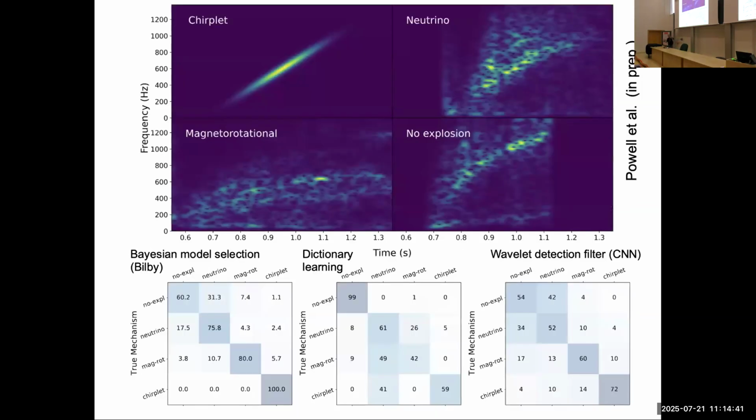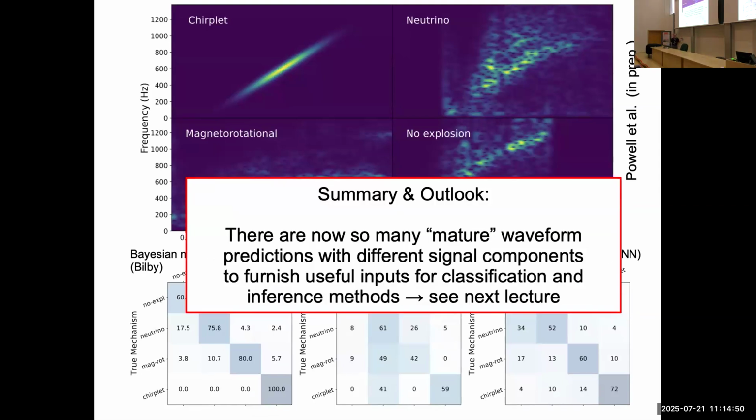With that, I conclude that there are always caveats and things that can go wrong in the gravitational wave signals that we sell you as supernova modelers. But I would just conclude by saying, we're in a state where we can actually provide very many waveforms that allow some meaningful experiments, some meaningful research with gravitational wave classification and inference techniques.